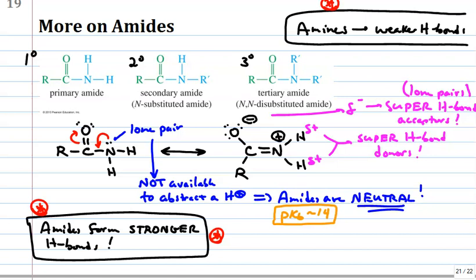So amides are the king of hydrogen bonding. They form very strong hydrogen bonds. Ionic interactions? No, sorry, that's not going to happen. But they are very good at forming hydrogen bonds.